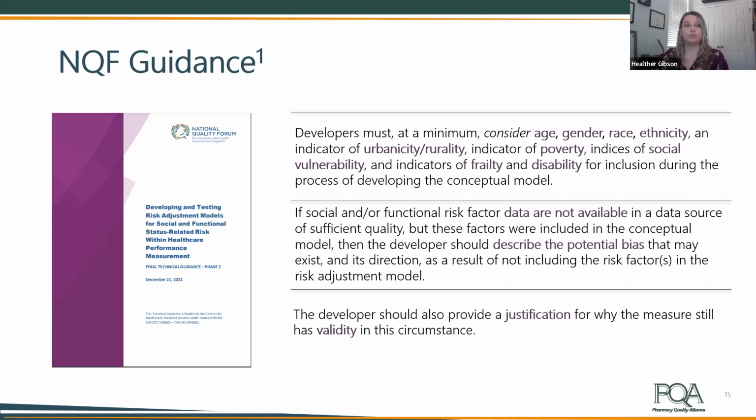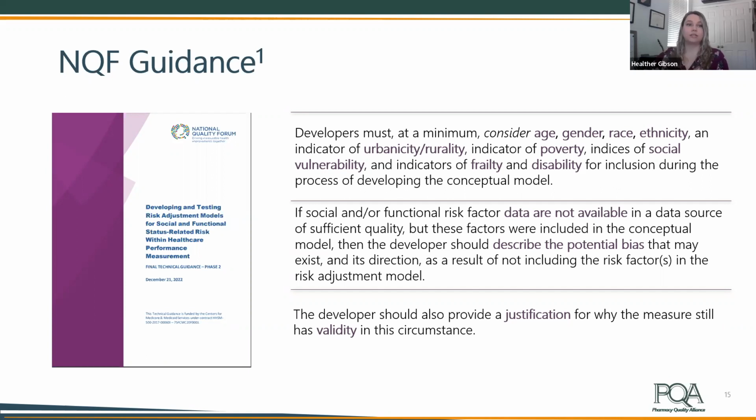If the social or functional risk factor data are not available in a data source of sufficient quality, but these factors were included within the conceptual model, then developers should describe the potential bias that may exist and its direction as a result of not including a factor within the risk adjustment model. They also stated that developers should provide a justification for why a measure still has validity, even in these circumstances.